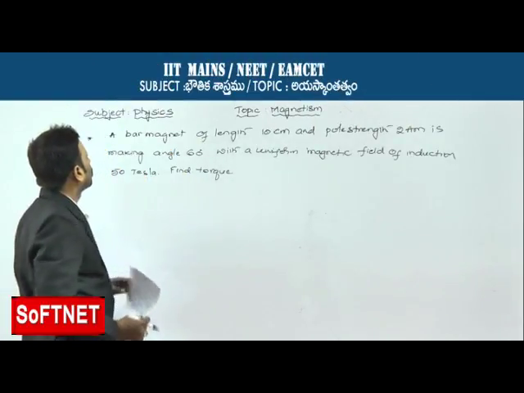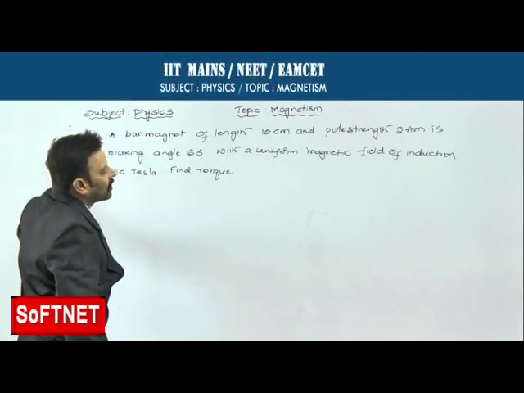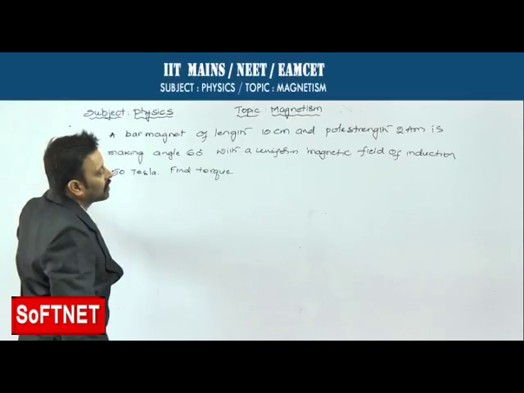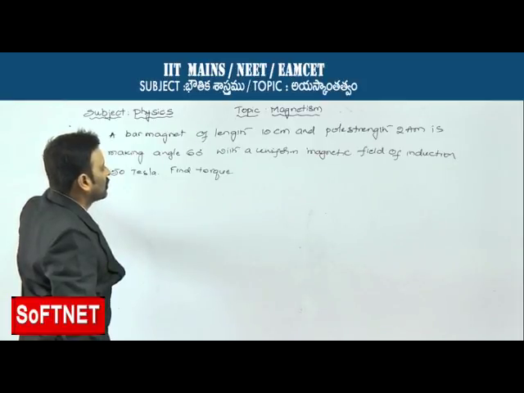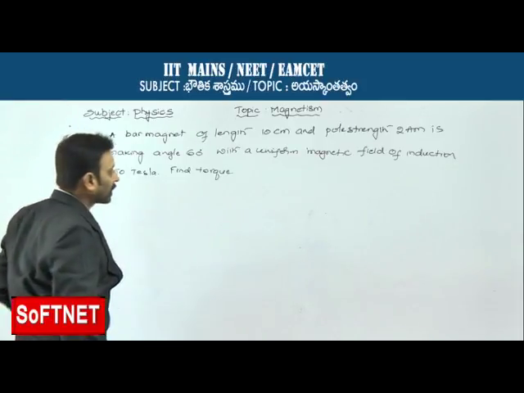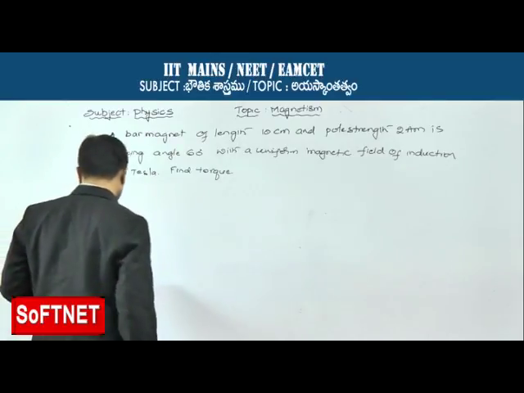Problem: a bar magnet of magnetic length 10 centimeters and pole strength 2 ampere meter is making an angle of 60 degrees with a uniform magnetic field of induction 50 Tesla. You are asked to calculate the torque acting on the magnet.